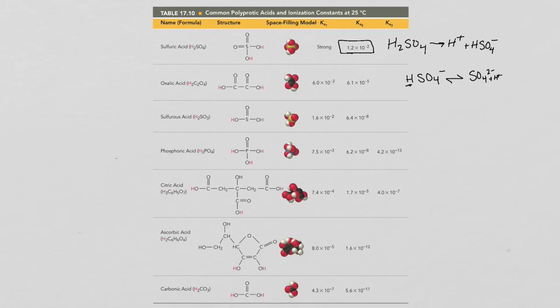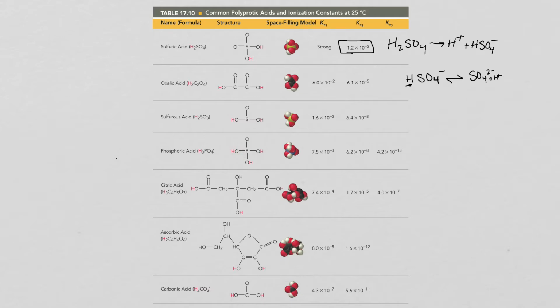So this process is what happens for all polyprotic acids. One of these is lost, and that changes the affinity that this proton has for the rest of the molecule. And so you can see from here that all of these protons in red are pretty much the same. They experience the same attraction until one is lost. So it's not like this is always the first one that leaves phosphoric acid.